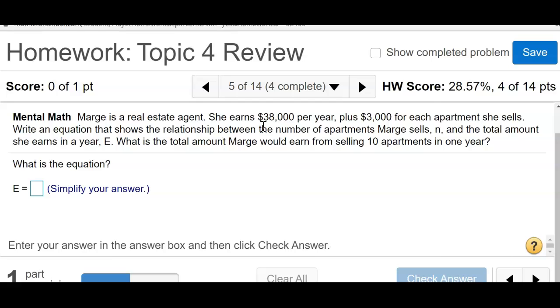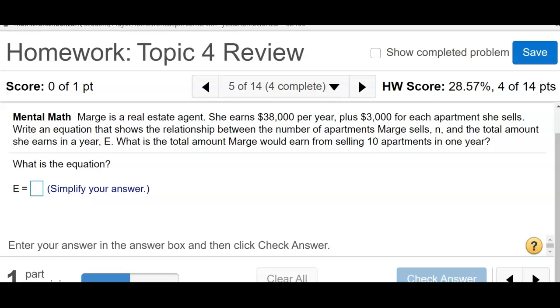So 2 questions I want you to answer here. Write the equation using the variables E and N. And then, how much money would she earn in 1 year if she sold 10 apartments?